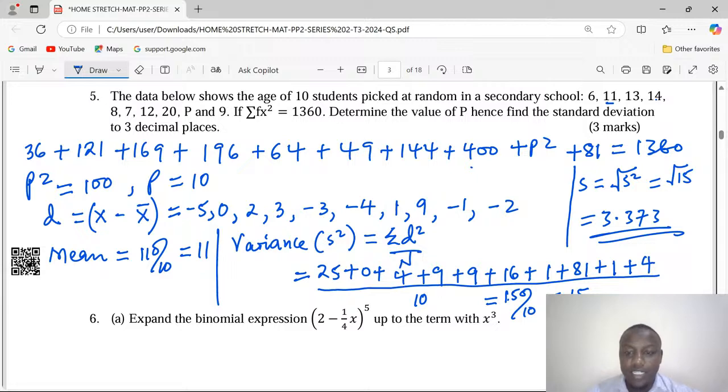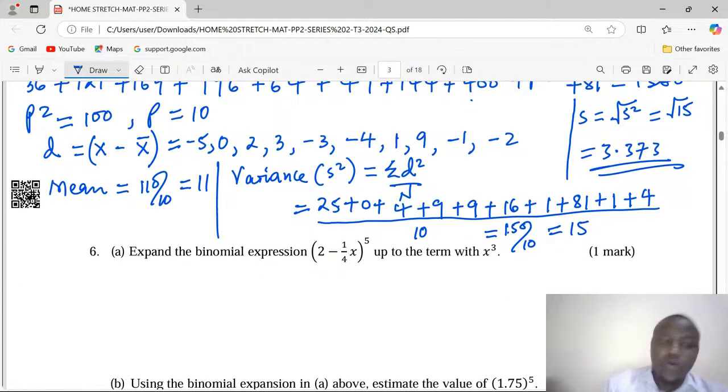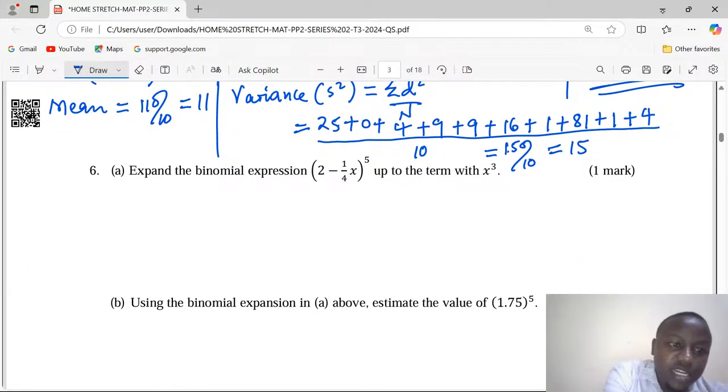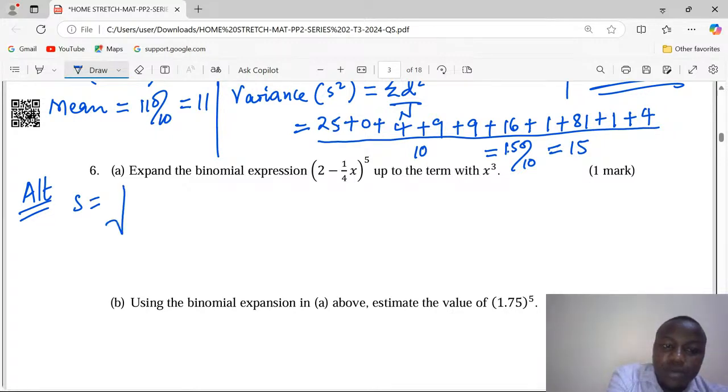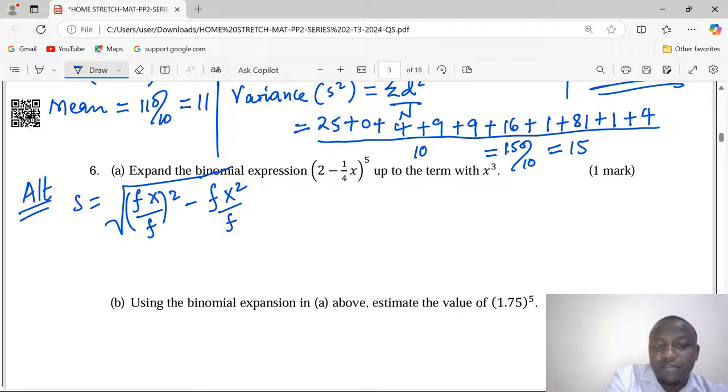Something else that we can do on the same question, we know that alternatively, standard deviation can be given by the square root of sum of f of x squared over f minus f of x over f squared.